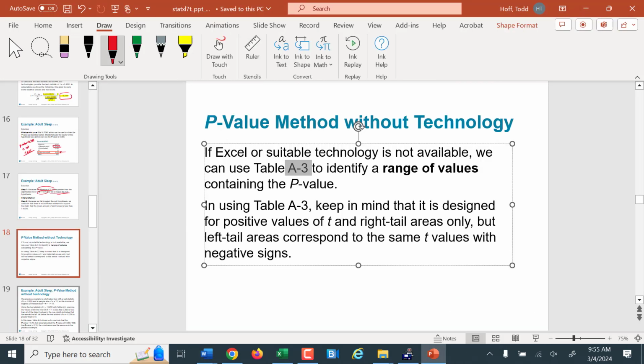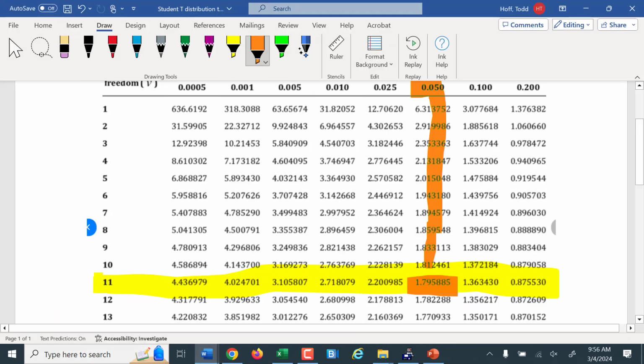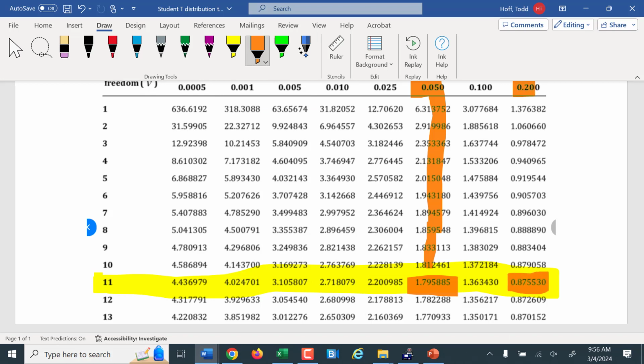So we can get that same value of 1.796, or we can take our test statistic of negative 0.290. Now we're going to just use a positive because that's what the table shows, and see if we can find anything close to that in our table. So 0.290, well, the smallest our table goes is 0.87. So what this is telling us is that our p-value is at least 0.2.